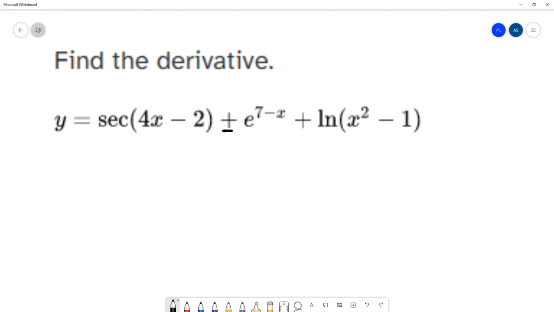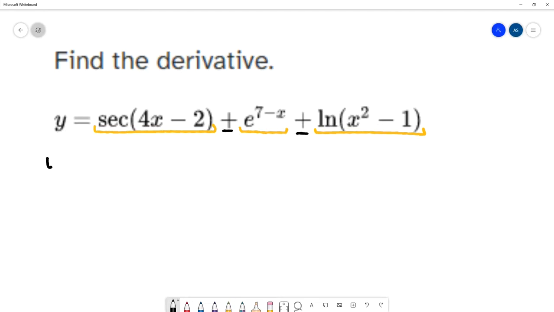So because of this plus sign here, that means that I can focus on calculating the derivative of secant of 4x minus 2 separate from the derivative of e to the 7 minus x, separate from the derivative of y equals ln of x squared minus 1.